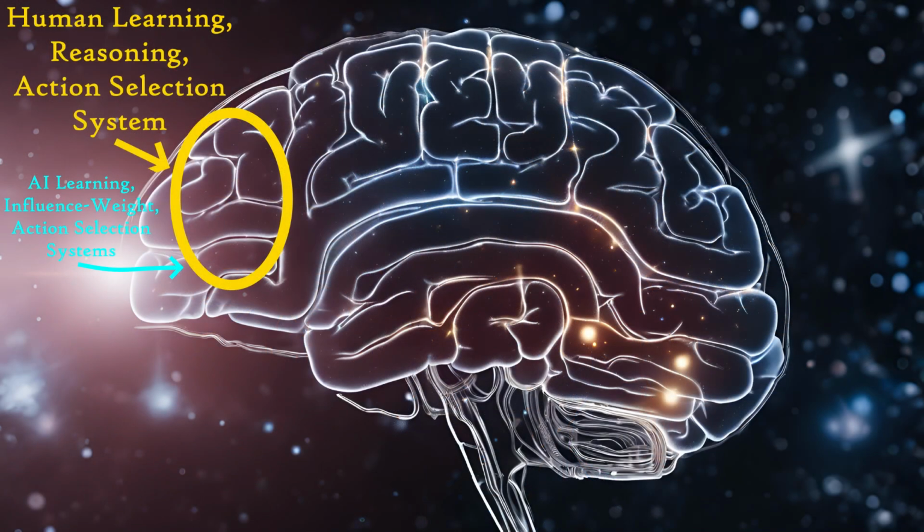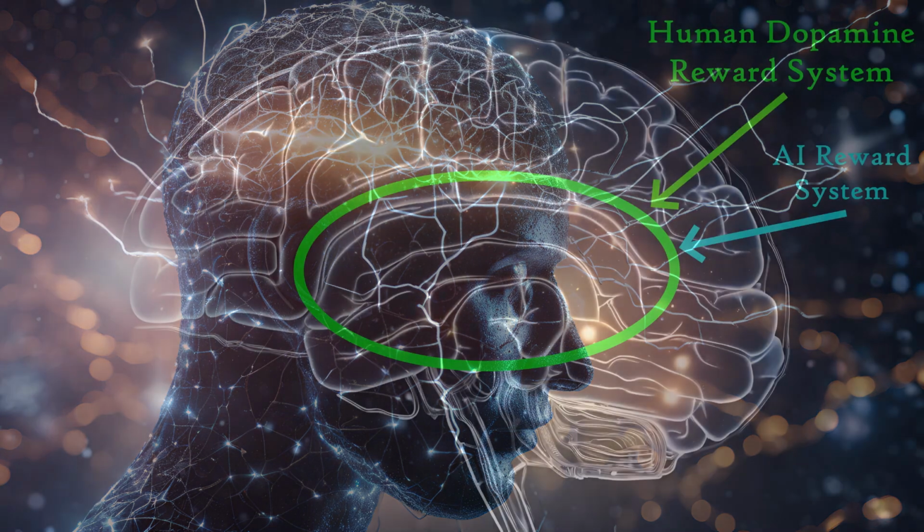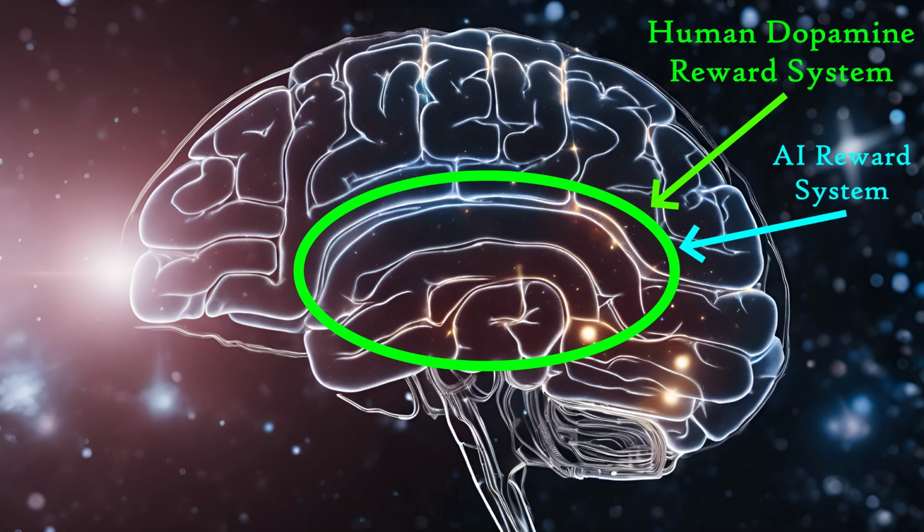The human brain and AI brain have similar learning and choice analysis systems that drive learning and associations and pattern recognition and general insight.